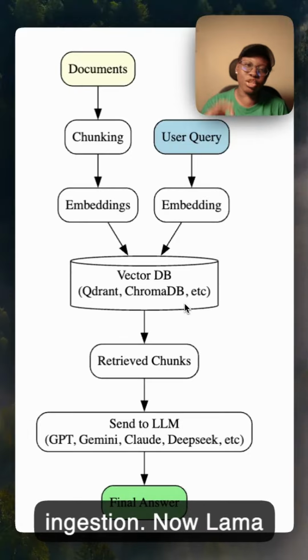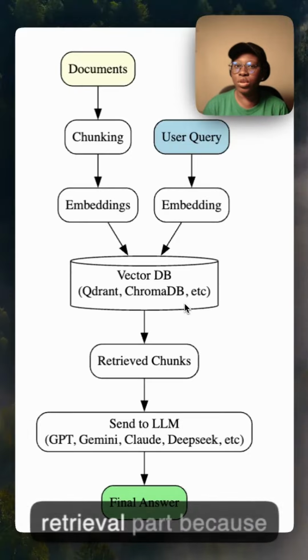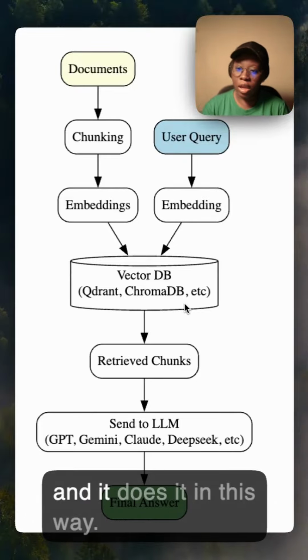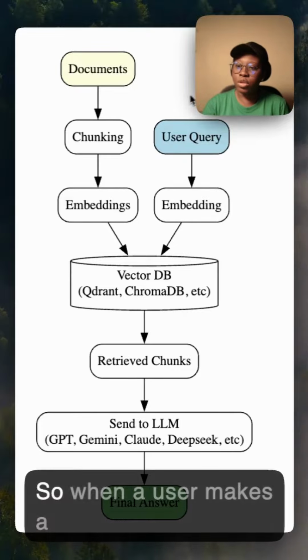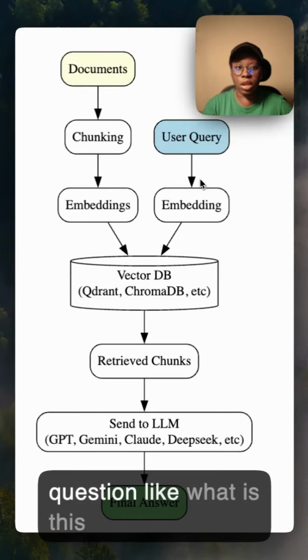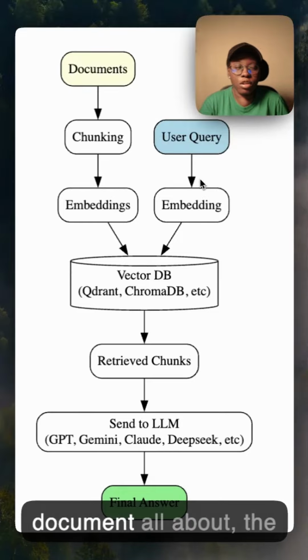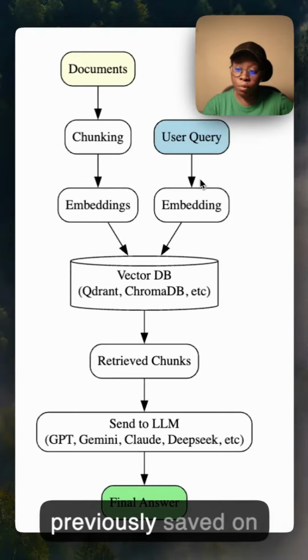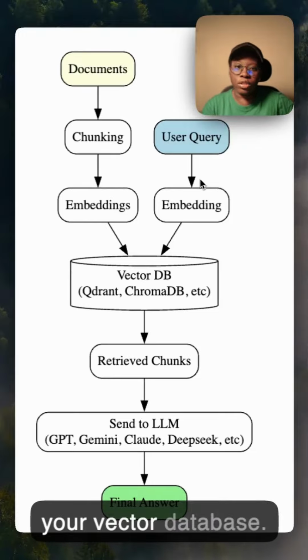Now, LlamaIndex also does the retrieval part because it's a RAG orchestrator, and it does it in this way. So when a user makes a request, you ask a question like what is this document all about, the document that you have previously saved on your vector database.